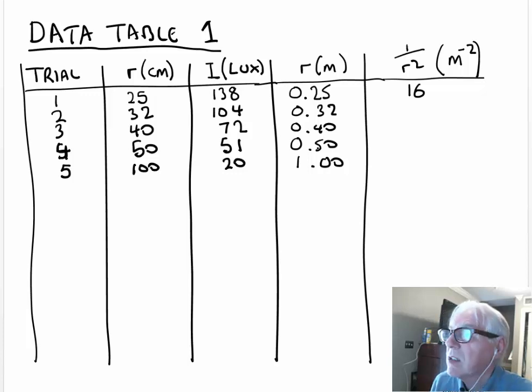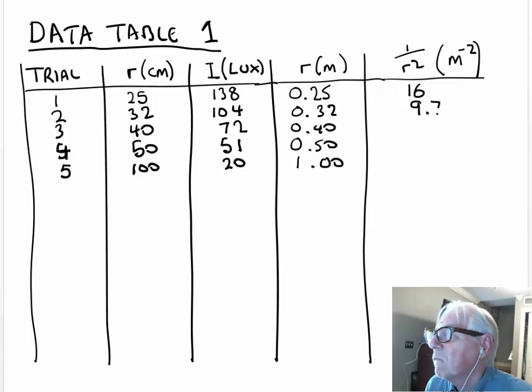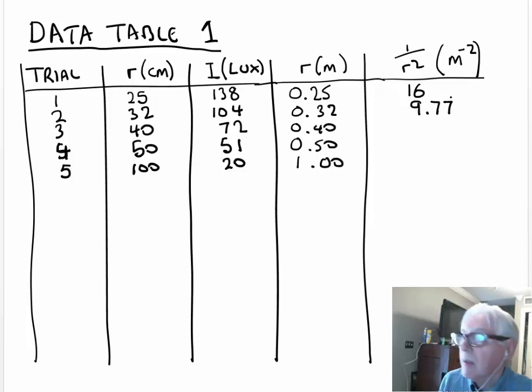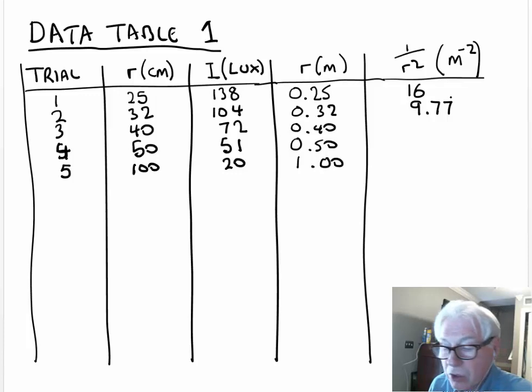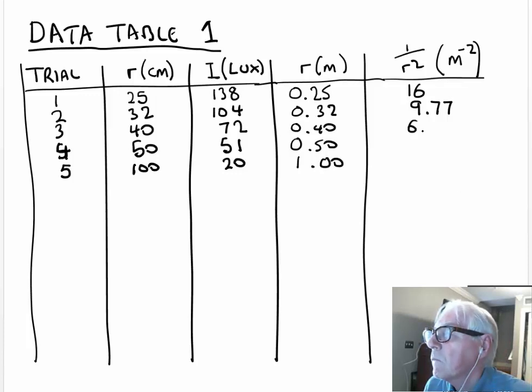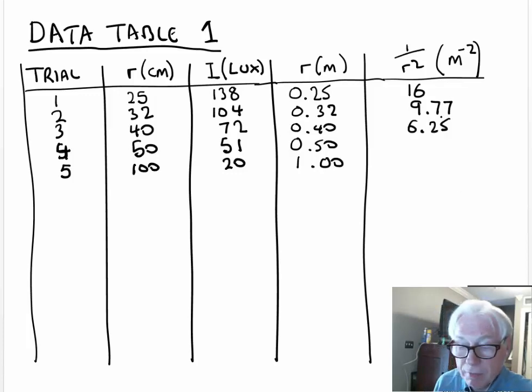And then we look at this and we say 1 divided by 0.32 squared, and that's going to be 9.77. And then I go 1 divided by 0.4 squared, and that's going to be 6.25.